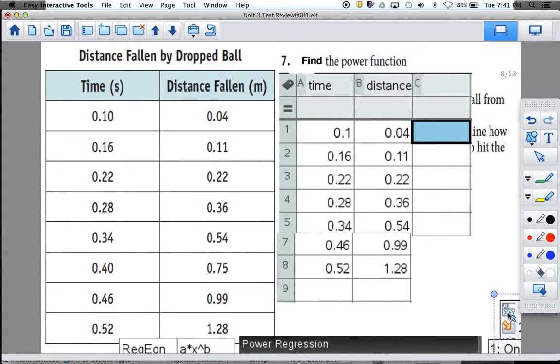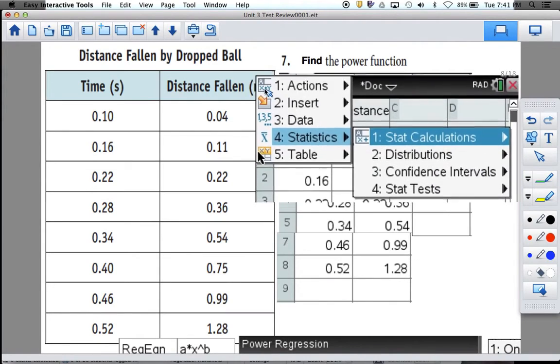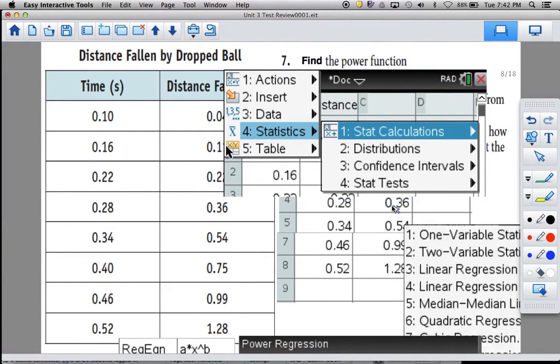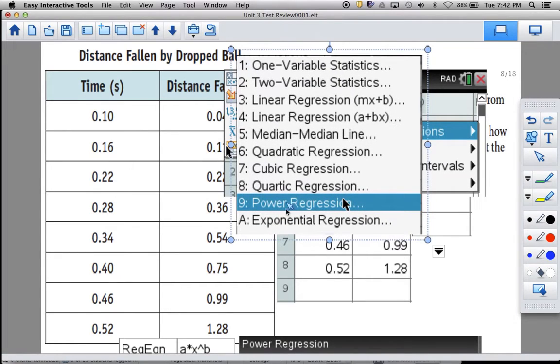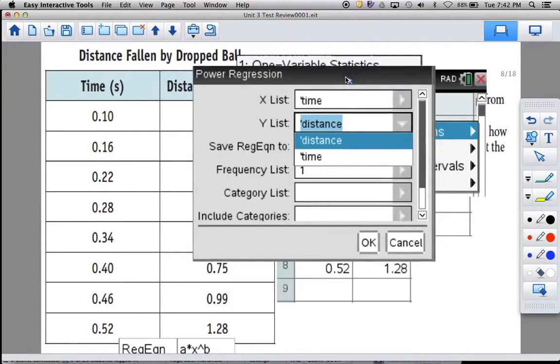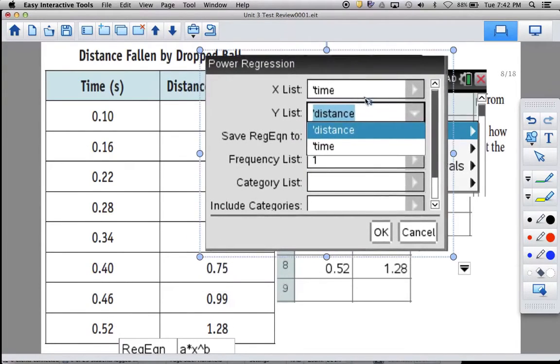All right, so once you set up your spreadsheet, you're going to do a power regression. To do that, you're going to go to Menu, then Statistics, Stat Calculations, and then power regression is just one of the options. Once you select power regression, you have to tell the calculator which of the variables or columns is your x value.